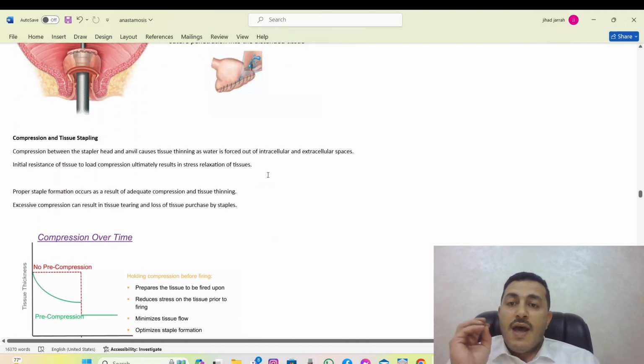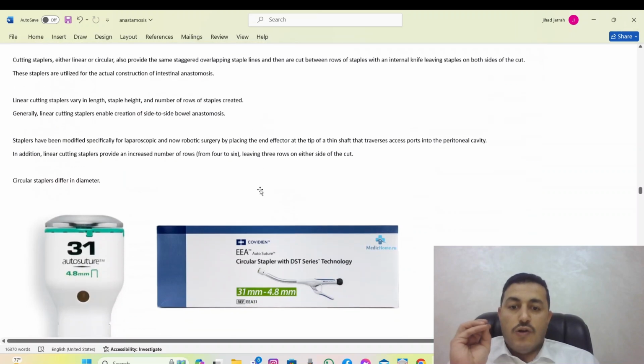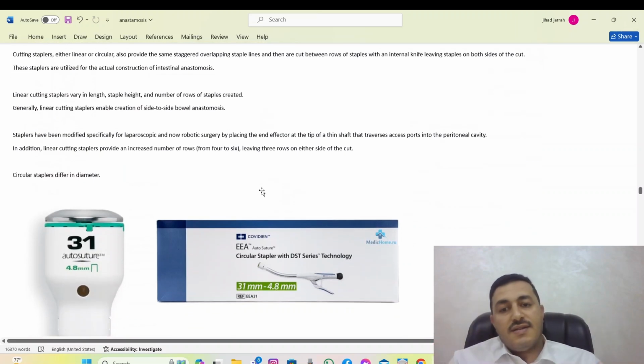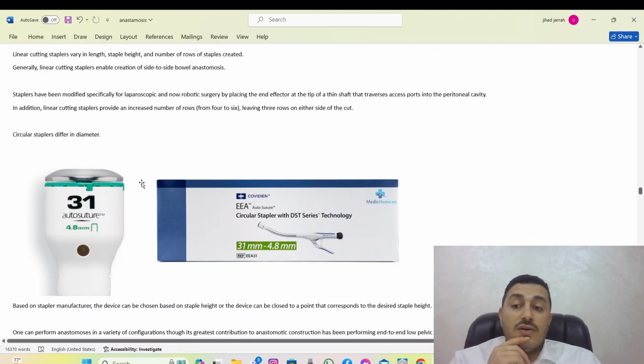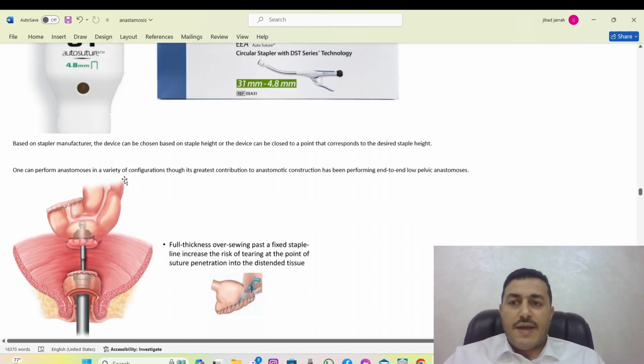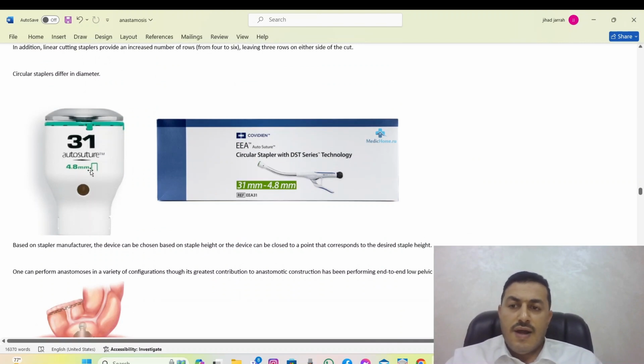Okay, what else? This is regarding the linear sizes. This is also regarding the circular stapler. With the circular stapler, we have two issues: the diameter and the clip itself. For example, here we have a 31 millimeter diameter, and the open height of the stapler is 4.8, which is relatively thick. It's used in the lower rectum.